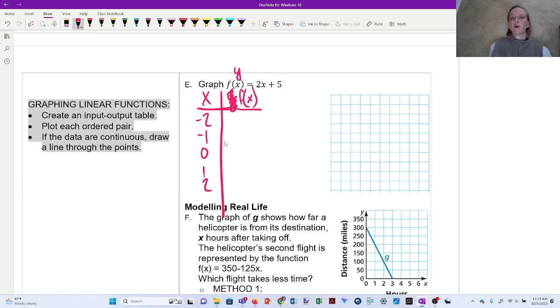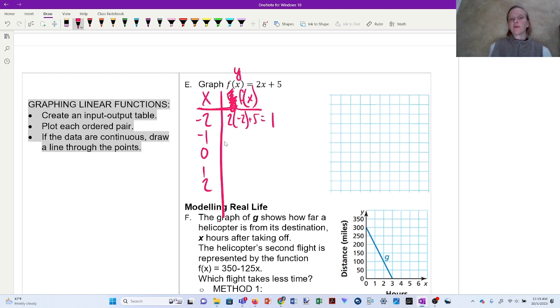So when x equals -2, I would plug in -2 wherever I see an x value. So that would be 2 times -2 plus 5. 2 times -2 is -4, plus 5 is 1. So 1 is my y value, or my f of x value, for this particular data point.